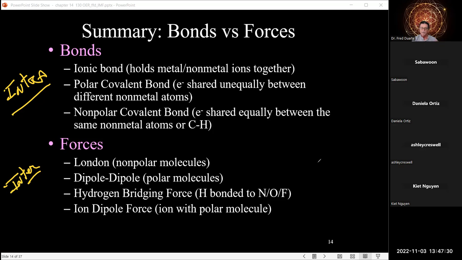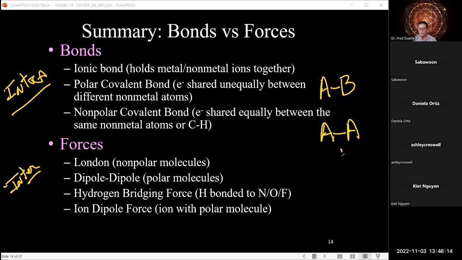We have polar covalent bonds where the electrons are being shared unequally, simply because there's a difference in electronegativity between the two atoms that are bonded. And again, I use the example of the general formula AB, meaning two different elements, as compared to nonpolar covalent bonds, where I use the example of A bonded to A. They're the same element, therefore the electronegativity is the same.